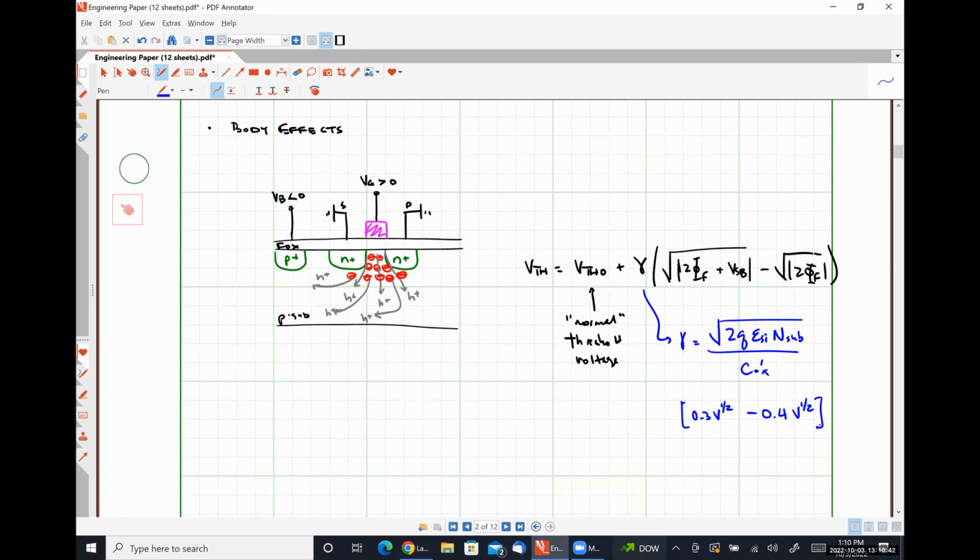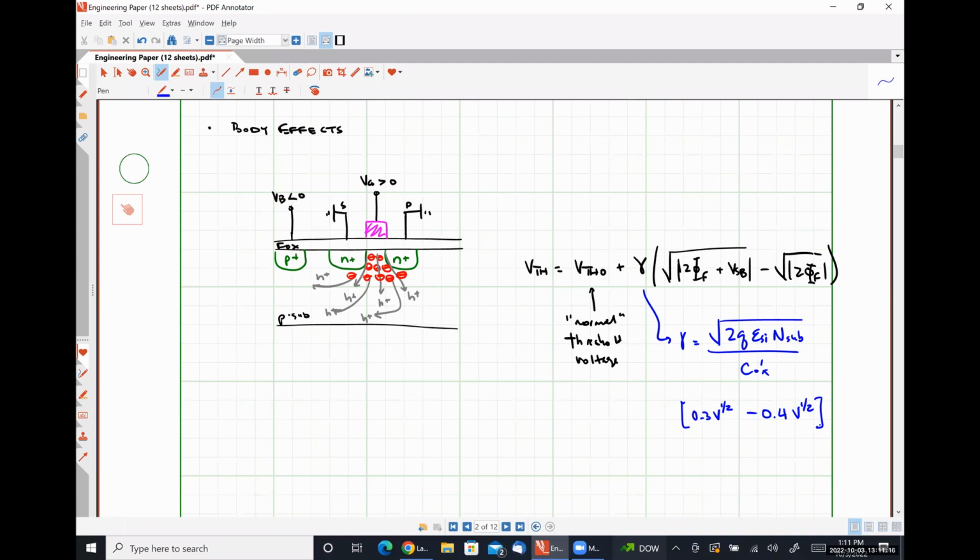So in most of the stuff that we did in 335 and 336, we were dealing with discrete components, okay? In a discrete transistor, typically the body terminal and the source terminal are literally fused together. In an integrated circuit, that is not necessarily the case unless we specifically design it to be so.